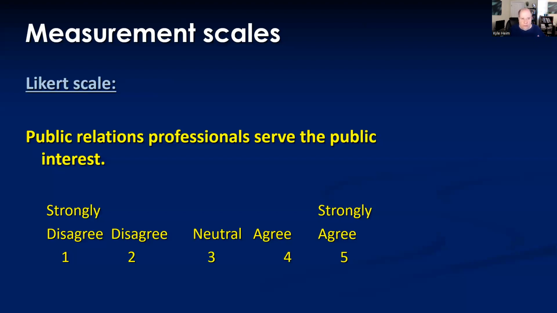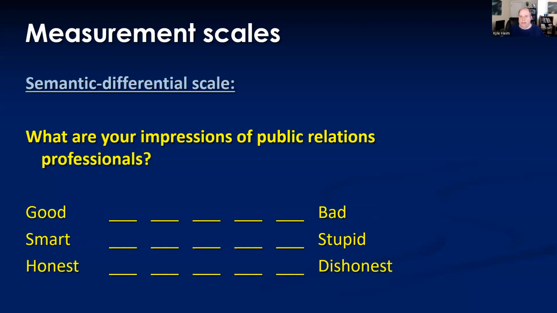Another type of scale that is very similar, but slightly different, so it has a different name, is a semantic differential scale. So what is that? With a semantic differential scale, you pose a question, such as, what are your impressions of public relations professionals? And then you give respondents a series of opposites, bipolar adjectives.